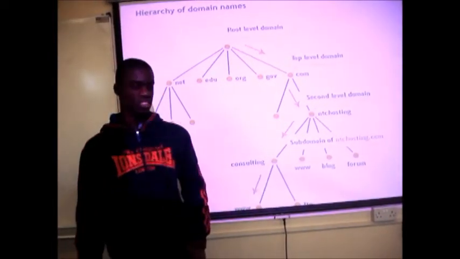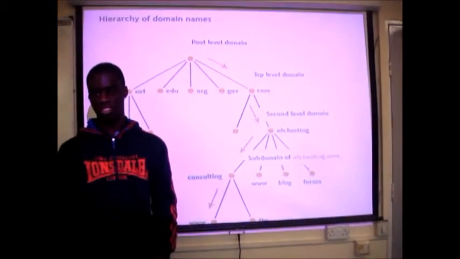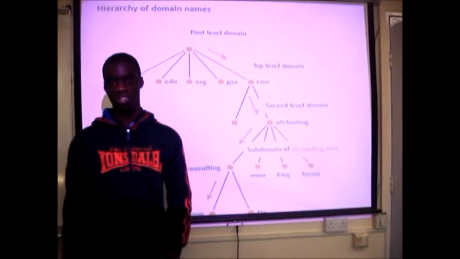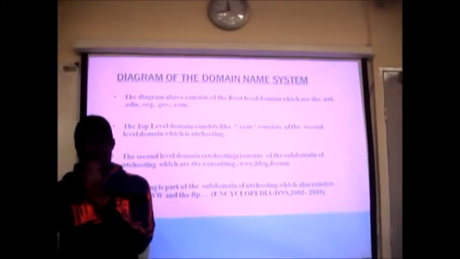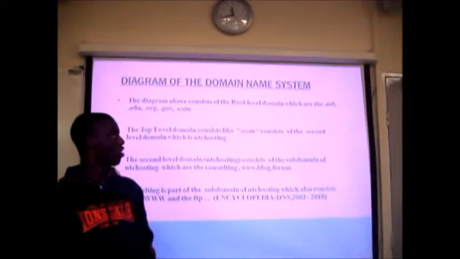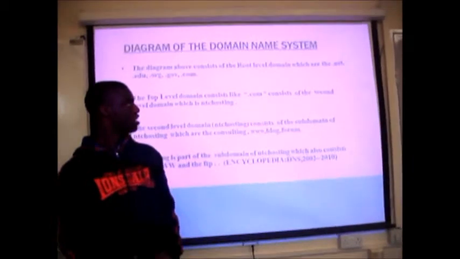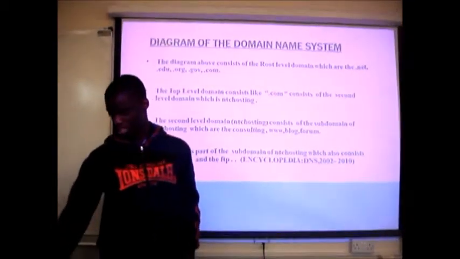And the one beneath it is the subdomain of the NTC hosting site, which is ntc.com, which has the www and the blog. This is the description of the diagram above, which talks about the tree on the previous page.